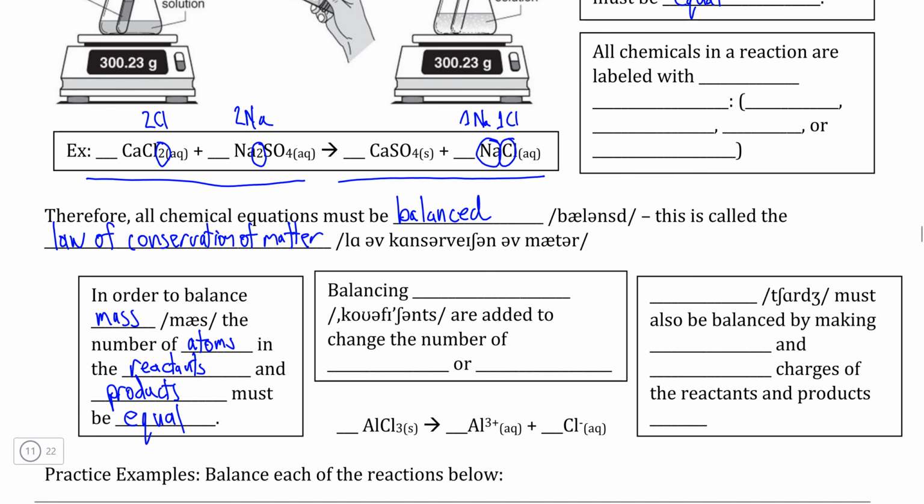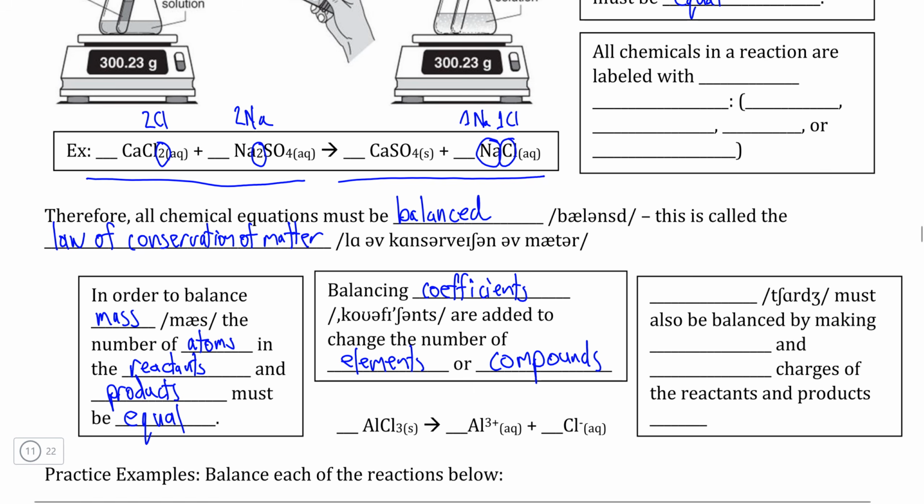Now, the only way that we can actually balance this chemical reaction is by adding what we call balancing coefficients before each of the reactants or products in order to change either the number of an individual element or to change the number of all of the atoms within the compound themselves.